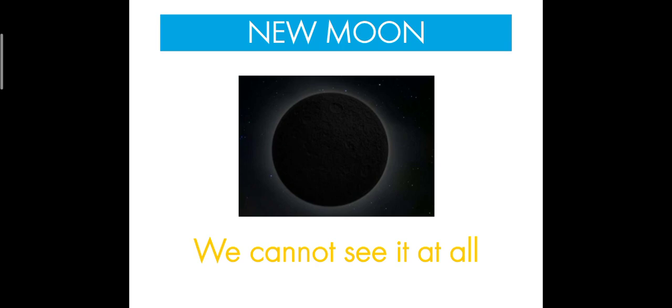you can watch the night sky best provided it is a clear night, because you can't see the new moon. We cannot see it. Why can we not see it? Children, you know our earth rotates. The moon revolves around the earth.